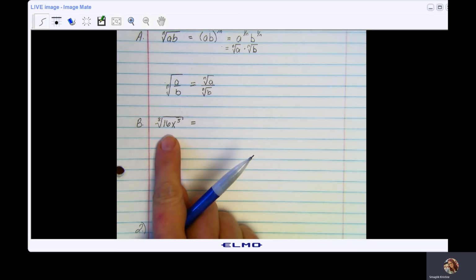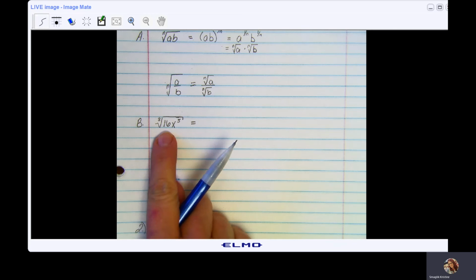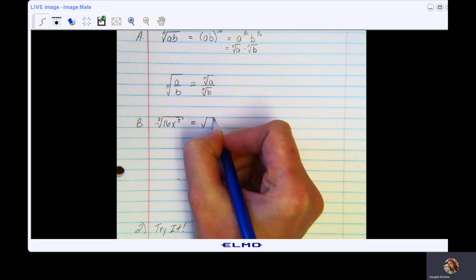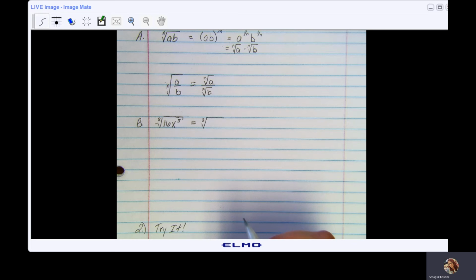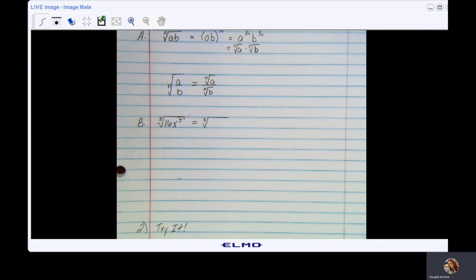What I want to do is try to break up my factors here. I have a 16 and an x to the 5th. I want to try to find factors that are raised to the 3rd power. So for 16, I'm thinking 2 times 8, and I can recognize that 8 is a perfect cube, right?